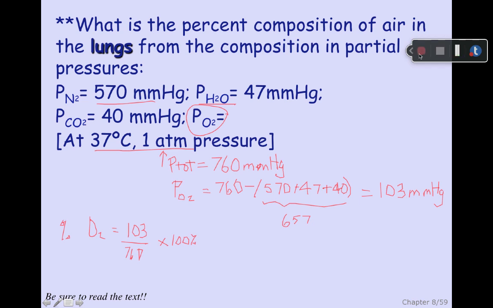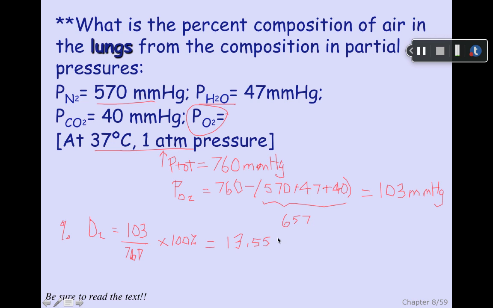And my answer is not showing correctly here. Let me recalculate. I had forgotten to multiply by 100 and I fooled myself. So the answer here is very funny looking. If you weren't paying attention to your values, it'd be 13.5, well, 13.55 something.